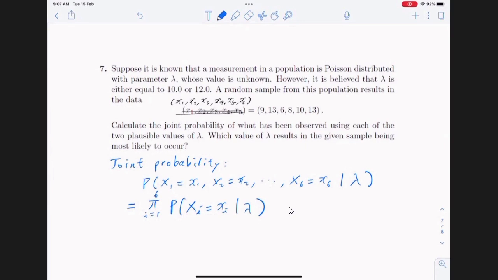Now, what is this probability? This is the probability of a particular observation from the Poisson distribution. So we use the Poisson formula.